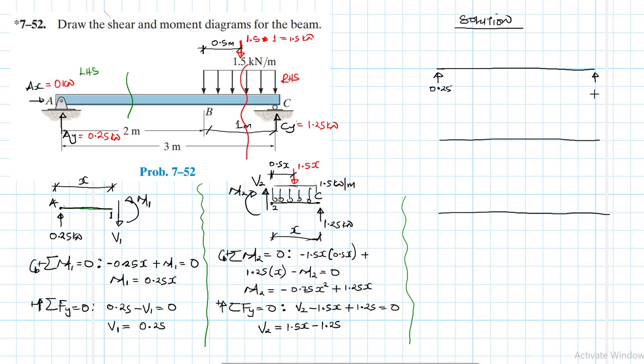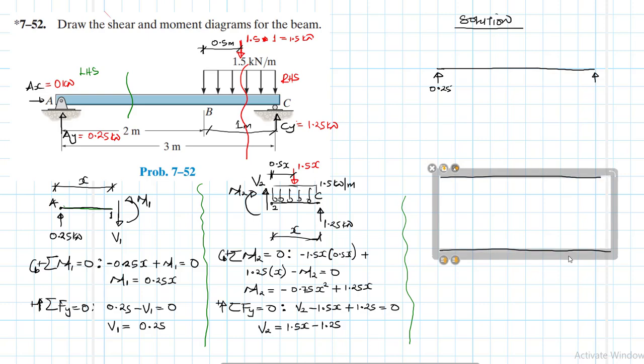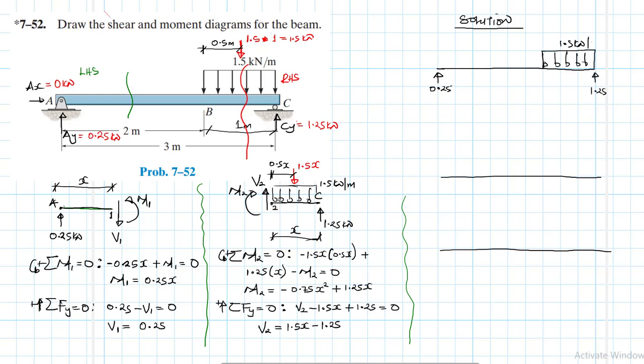There we go. Let me just move this a little bit down since I still have some space. Alright, something like that. So we have here 1.25 kilonewtons, and then we have a distributed load there of 1.5 kilonewton per meter.